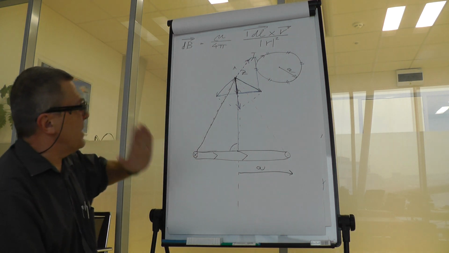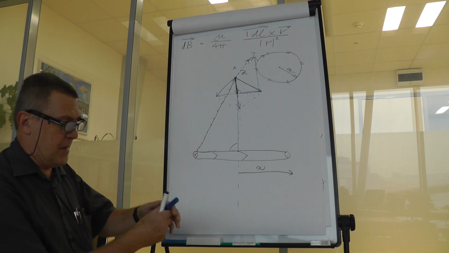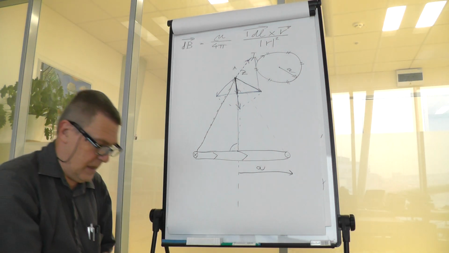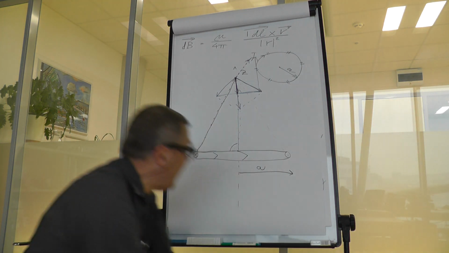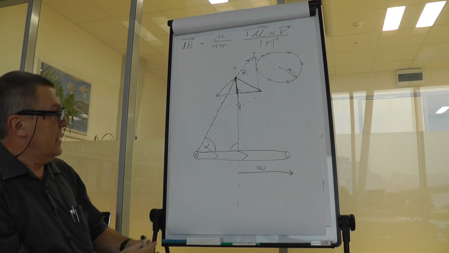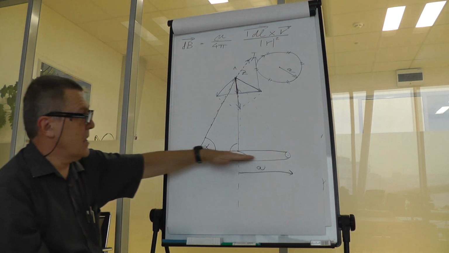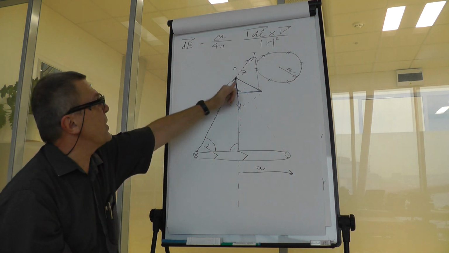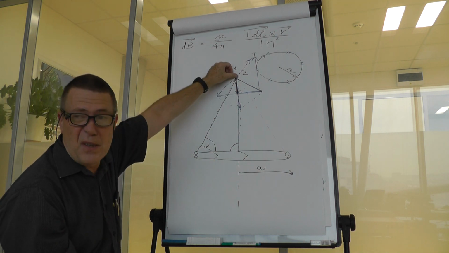Please observe this situation. We have some angle here. Let us denote it by alpha. This is the angle that has one arm on the ring, and the other arm is the radius vector pointing to the point of observation.